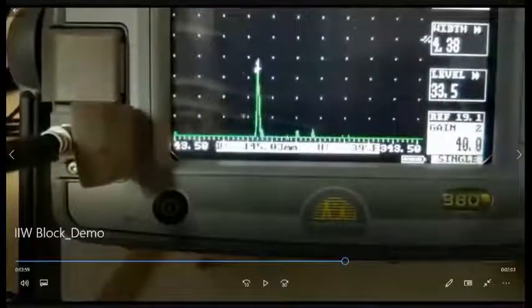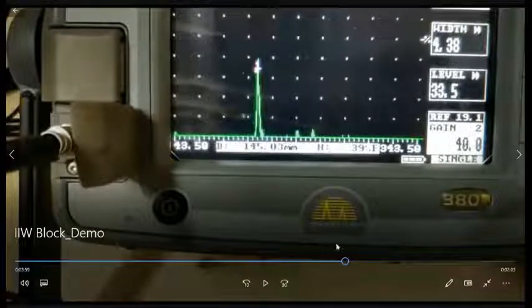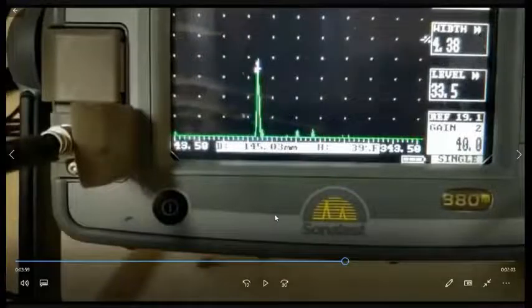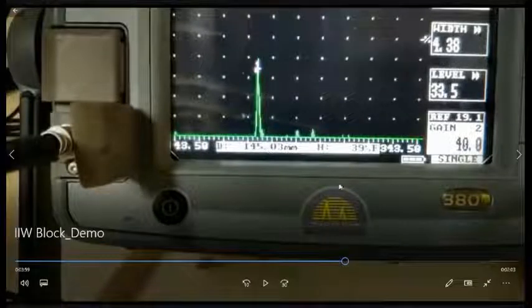So right now we are trying to find out at what point it is becoming maximum. And at that point you see the angle by matching the index point with the scale that you have on the block. So that will give you the beam angle. So that is what is being done right now.